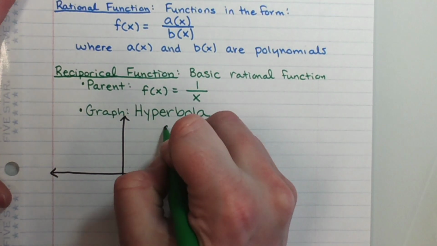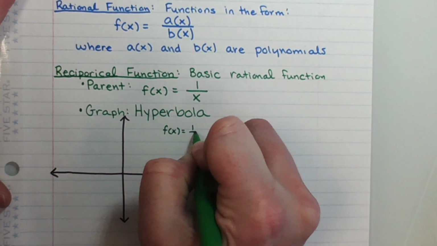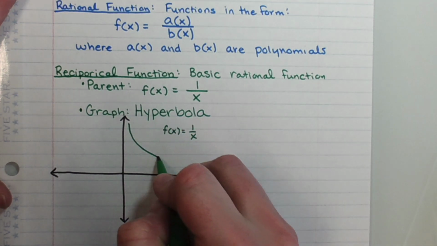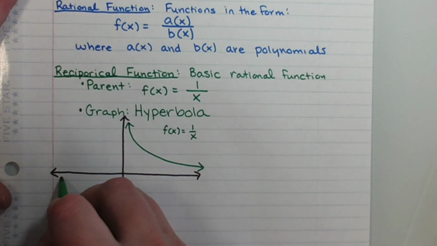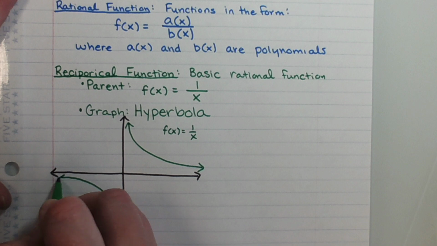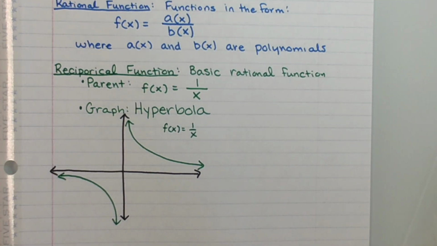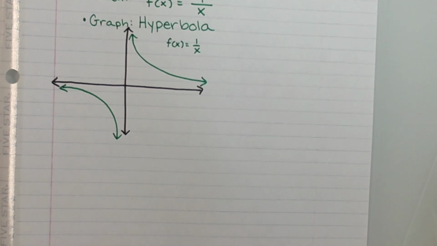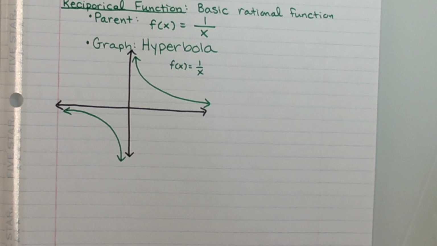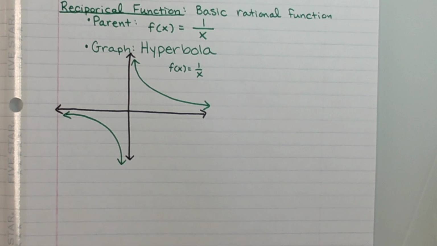I graph f of x is equal to 1 over x. It looks like this. Now, as you look at this graph, first I'm going to look at this graph looking towards the left and to the right.